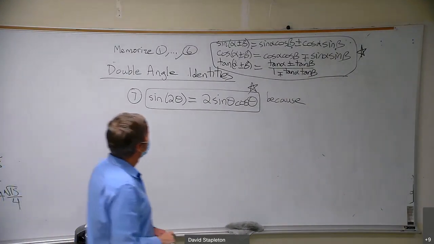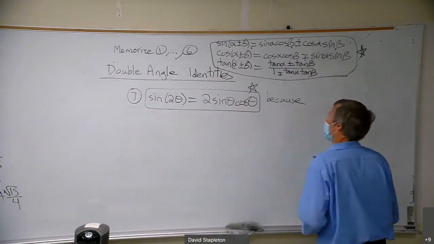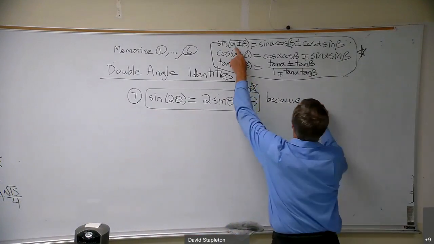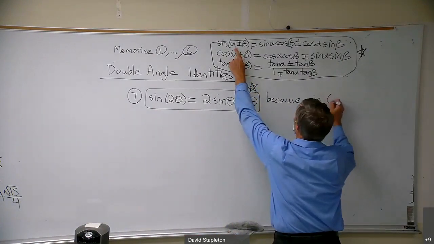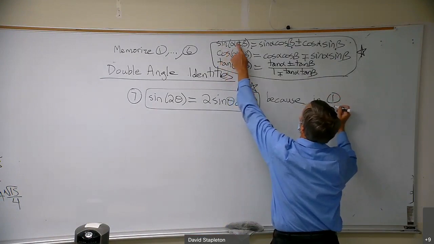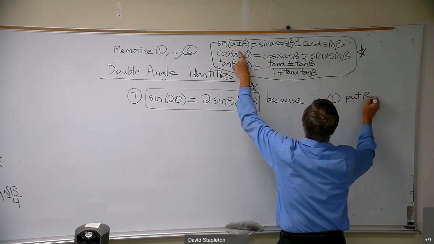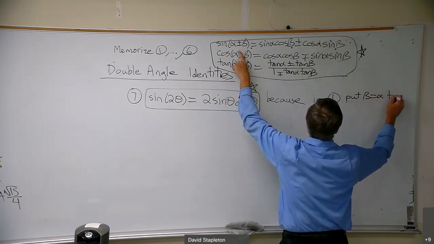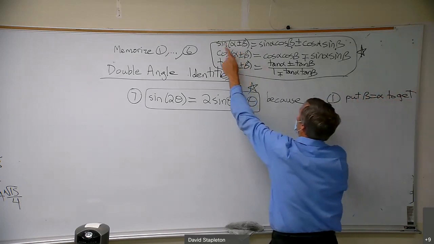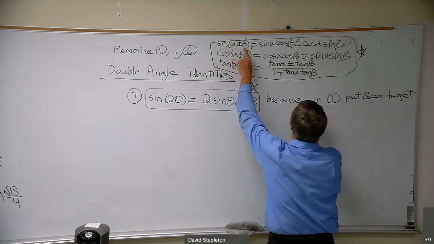Because why? In equation one, the sum angle, the first of these with plus, you put beta equal to alpha.